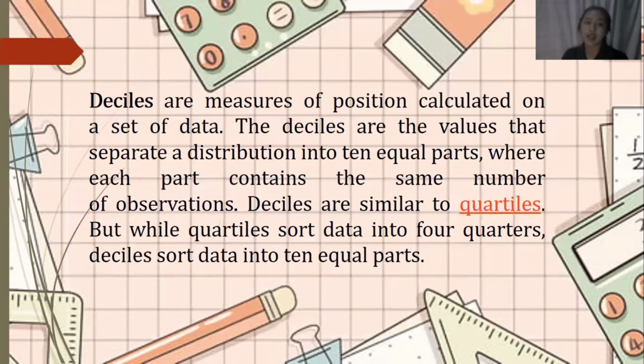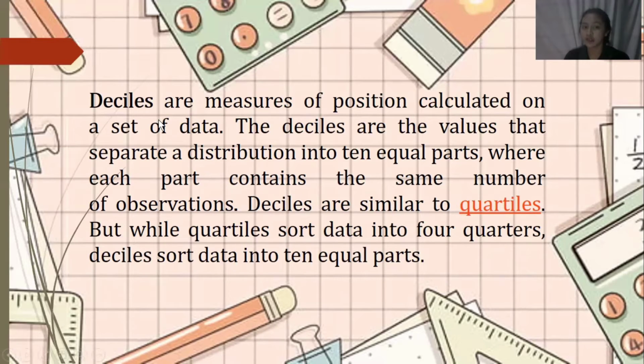Next, we have the decile. So, deciles are measures of position calculated on a set of data. The deciles are the values that separate a distribution into 10 equal parts. So, again, kung dun sa quartile po, it's 4 because of the word quar.